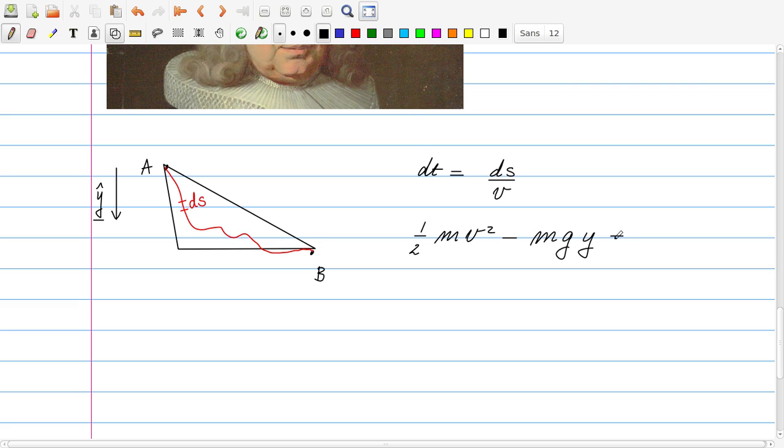If I add kinetic and potential energy, then we get a constant. And so we can find, just as before with the one-dimensional particle, that the v is given as the square root of 2 over m times (E plus mgy).